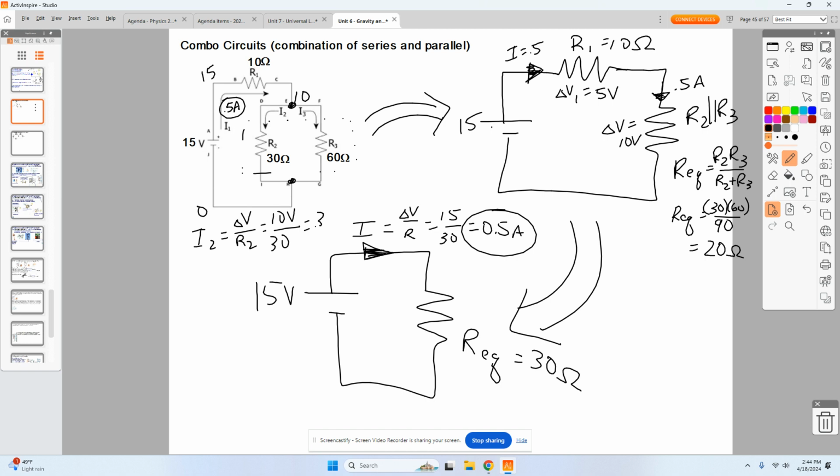That would be 0.33 amperes. That's the current through I2. If I have half an amp coming in and 0.33 goes that way, how much must I3 be? Like 0.167 or so, right? If I wanted to find I3, it'd be delta V over R3, which would be 10 divided by 60, which is 0.167 amps. I can go through and solve everything through that, having to create a more simple circuit from the things that I've given.